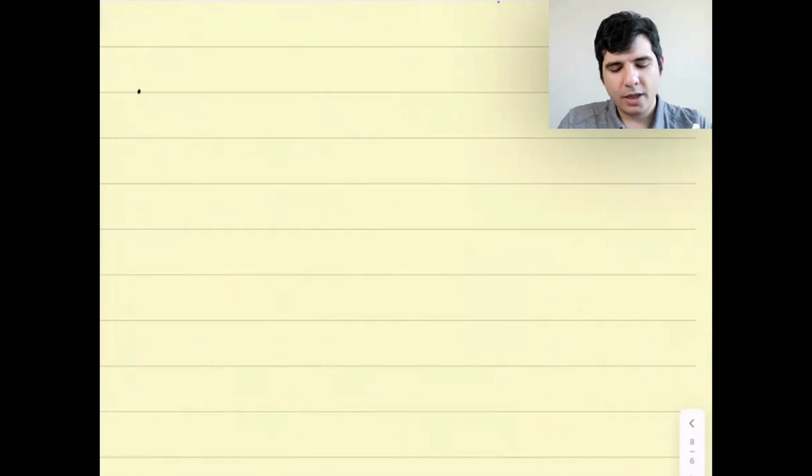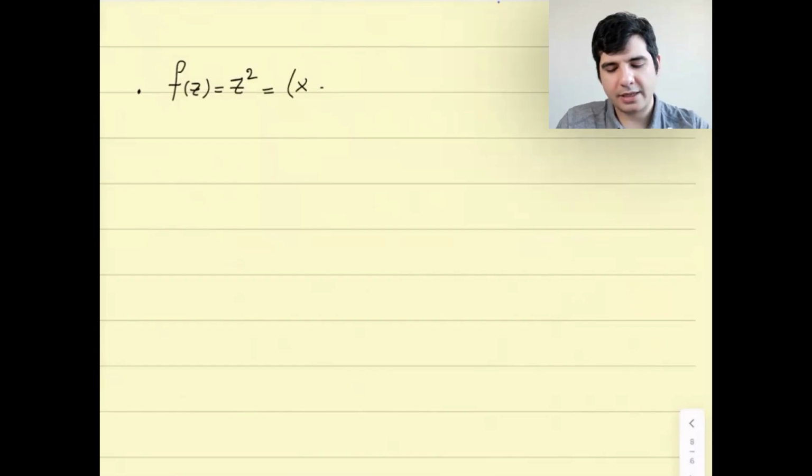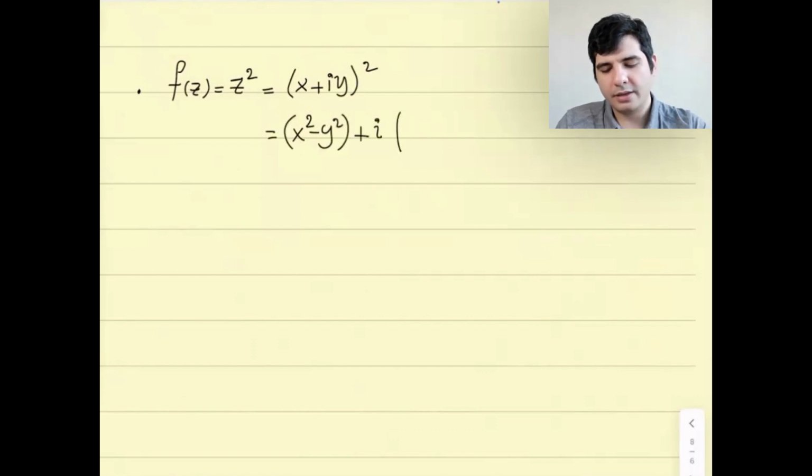is that earlier I mentioned if you have a polynomial like f of z equals z squared, it would be complex differentiable, right? You can write this in terms of x and y. z squared is (x plus iy) squared. If you square this, you get x squared minus y squared as the real part plus i times 2xy as the imaginary part.